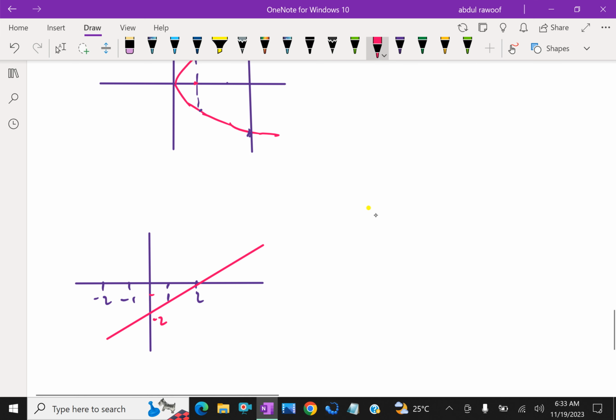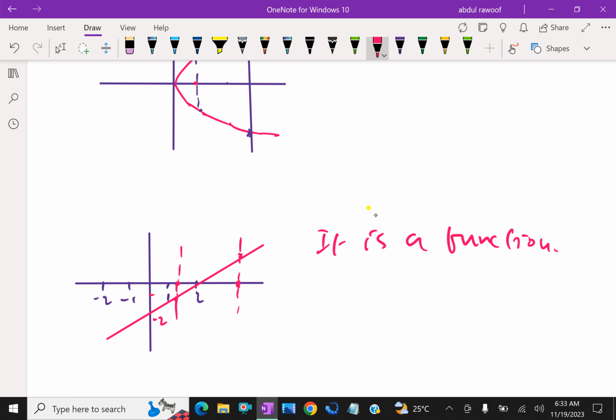Look at here: one value of x, one value of y. Therefore, it is a function. This test is called the vertical line test.